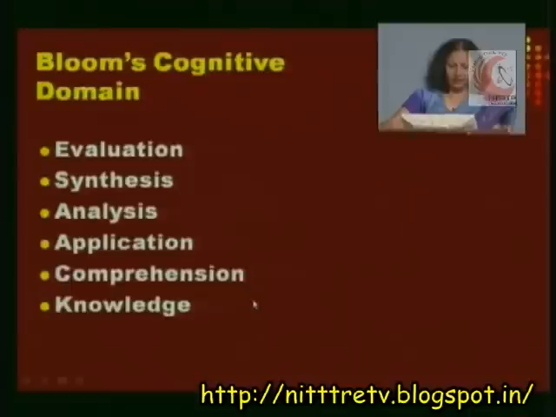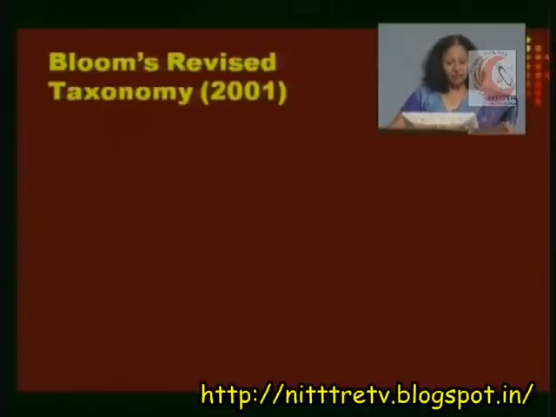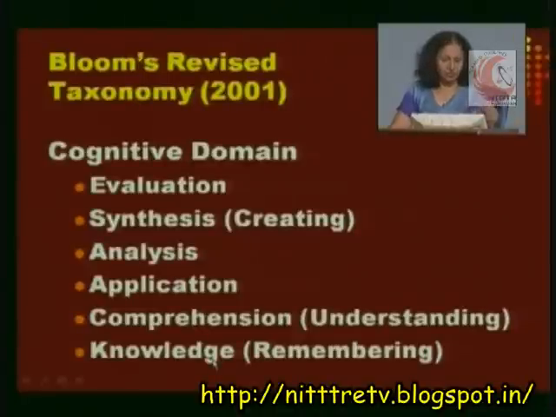Then comes comprehension, that is the student understands. Then the student starts applying, analyzing, synthesis and finally evaluation. This was revised in 2001 and some names were changed because they later found that knowledge seems to be more restricted.